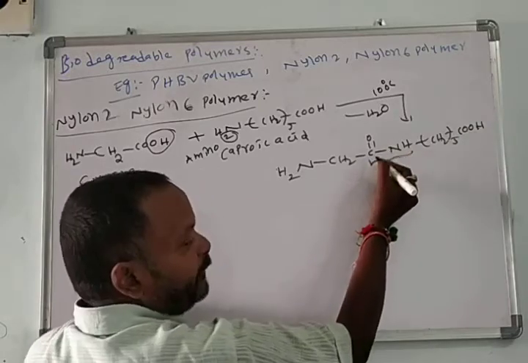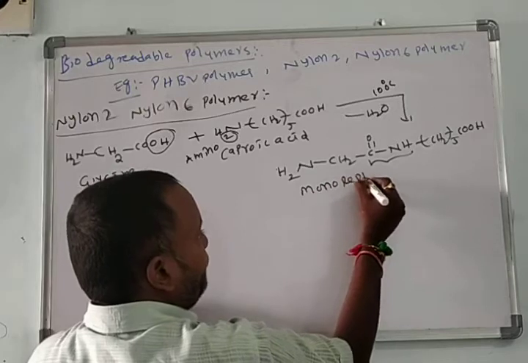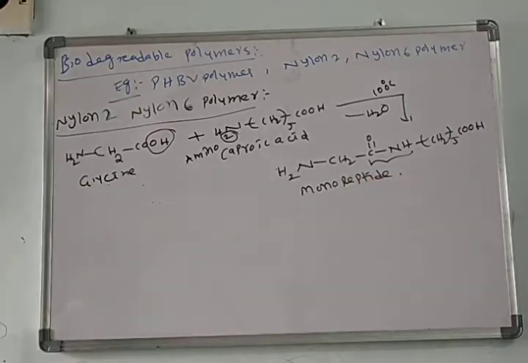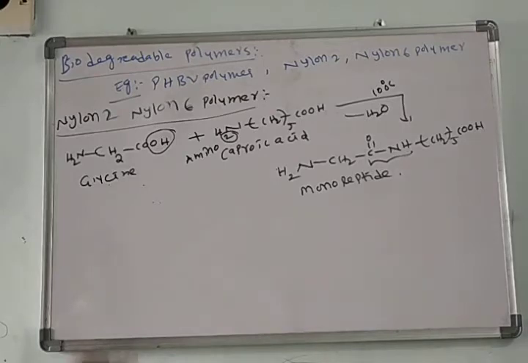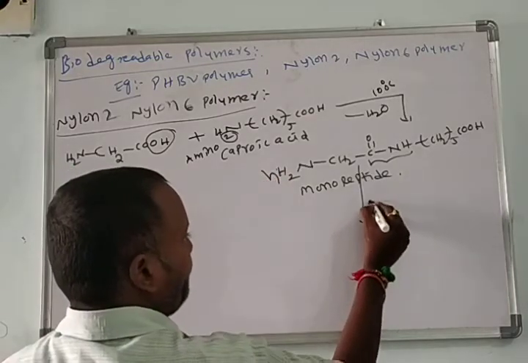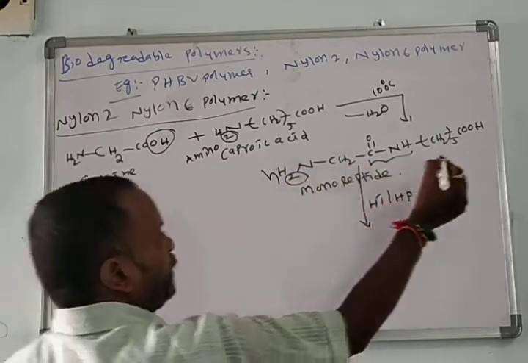It contains only one peptide bond, so we call it a monopeptide, or monoamide. This is the monomer of nylon 2 nylon 6. It undergoes polymerization at high temperature and high pressure. It loses the water molecule like this.